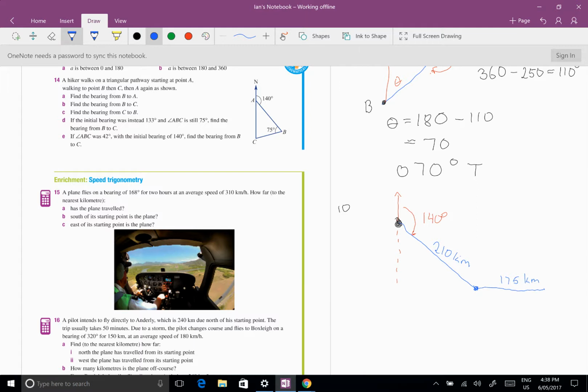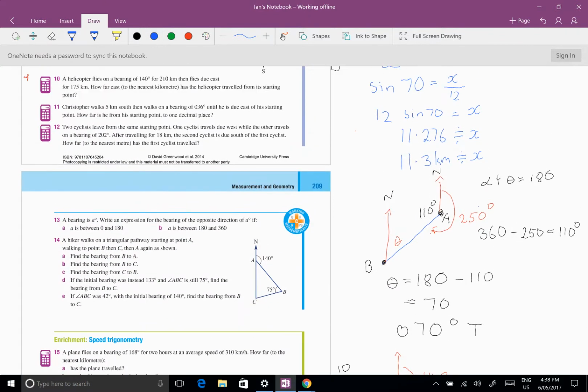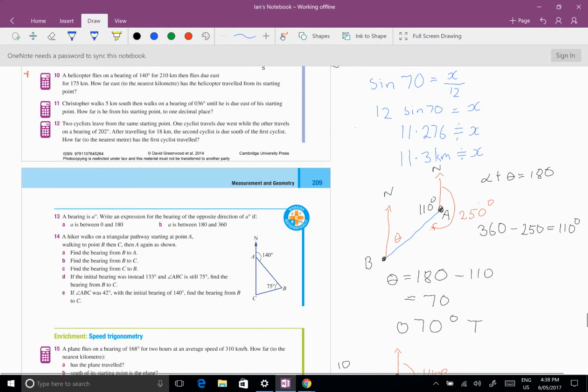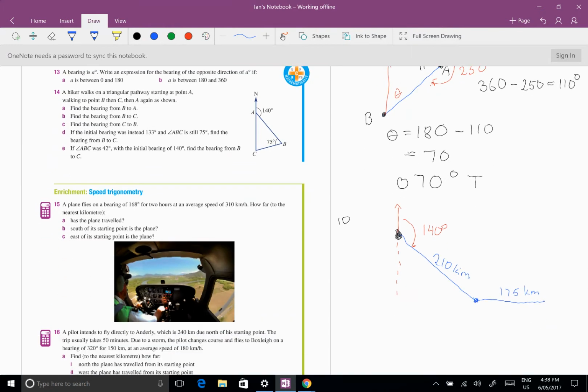And then it says, how far east has the helicopter travelled from its starting point? Well, let's have a look. I'm just going to continue this line down now, and this line down here, to get this right angle triangle. And I need to find this and add the 175 to find out how far east it's travelled.